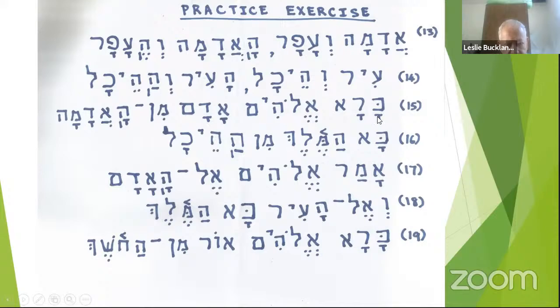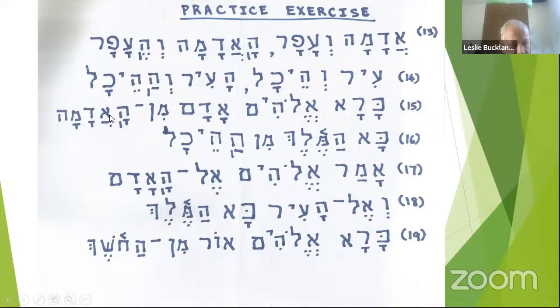Okay, now we have a longer sentence here. Bara Elohim, notice this is the verb, comes first and the noun comes second. Bara Elohim, he created, namely God, or God created, adam, that is man, min, from, and this is a makef which binds or connects min to the definite article and the noun.